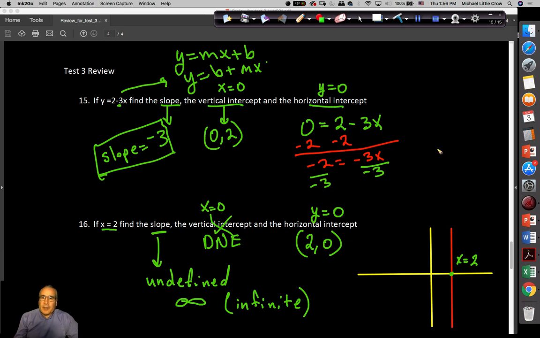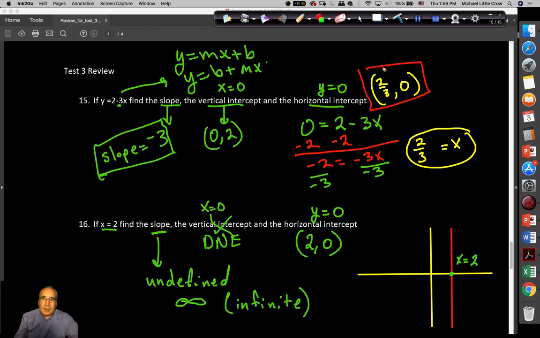What we end up with is x over here, and a positive 2/3 over there. So that's what x is. y was 0, so the horizontal intercept is going to be the point (2/3, 0). And there we have it.